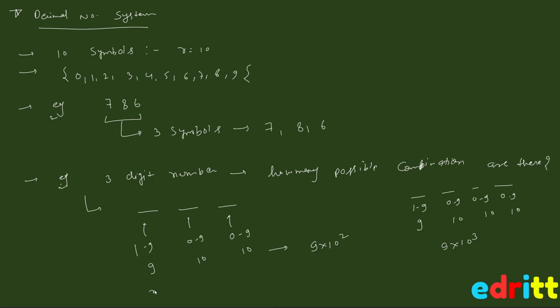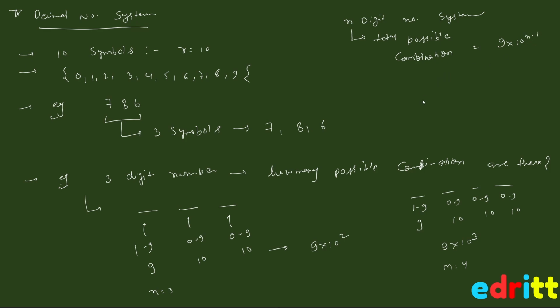Note here that in the first case the number of digits n was 3, and here the number of digits n was 4. So can I say that if I have an n-digit number system, the total possible combinations can go to 9 into 10 to the power n minus 1?